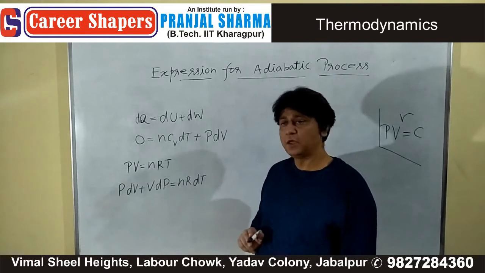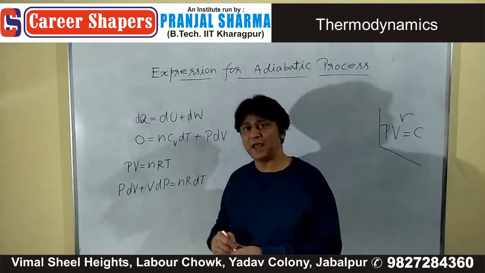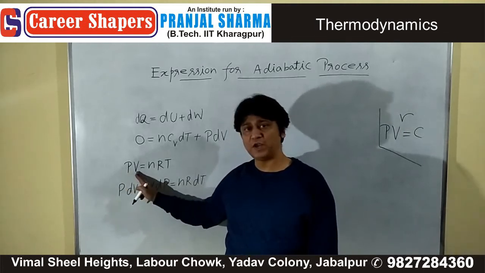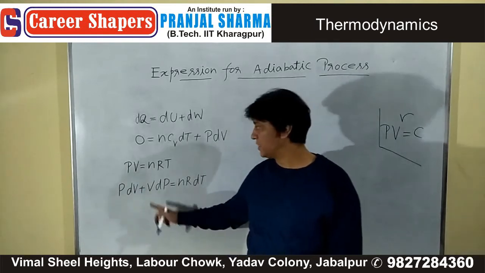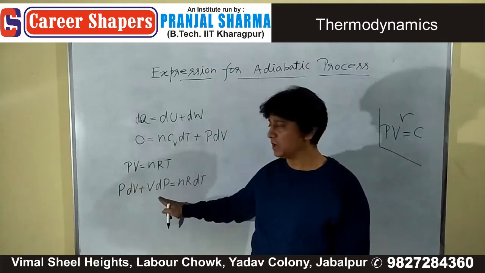dT. If you find it difficult, then you can use x. First function P, differentiation of V with respect to x, dV upon dx. Then V, differentiation of the first function, dP upon dx.